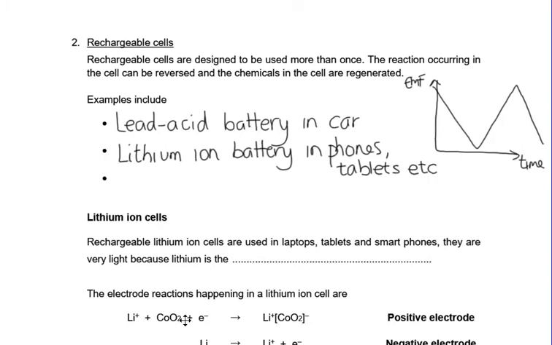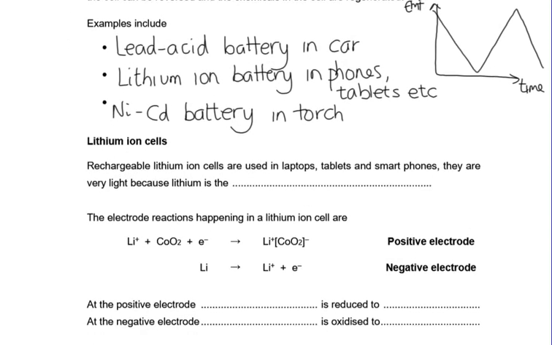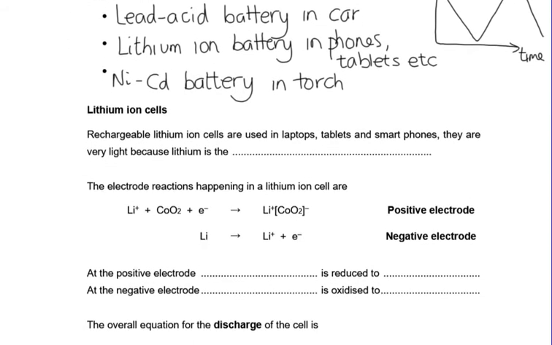Or maybe like the nickel-cadmium batteries that you might get in a rechargeable radio device, or torch, rechargeable torch. So there's different uses. The top two being very much more important probably than the bottom one.